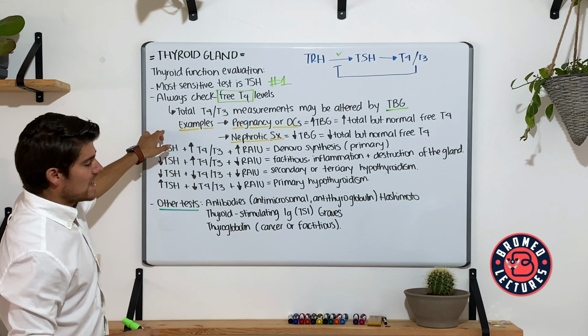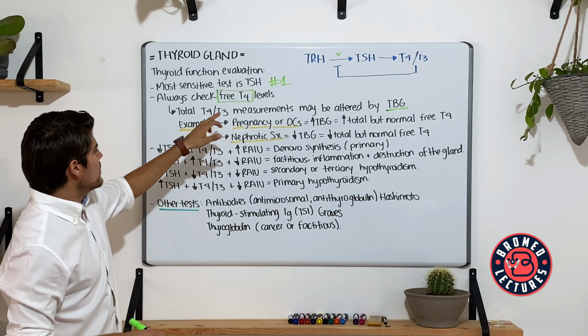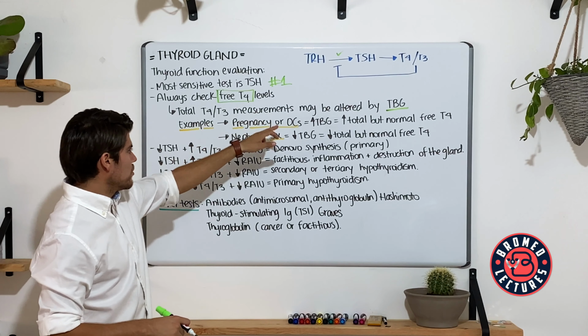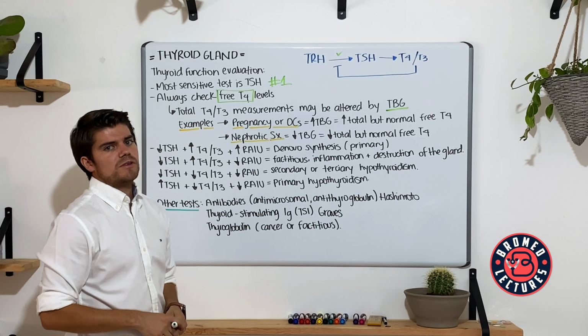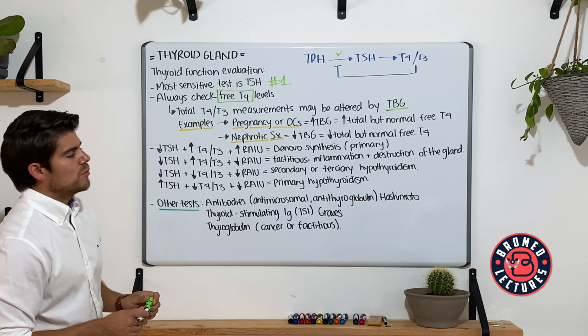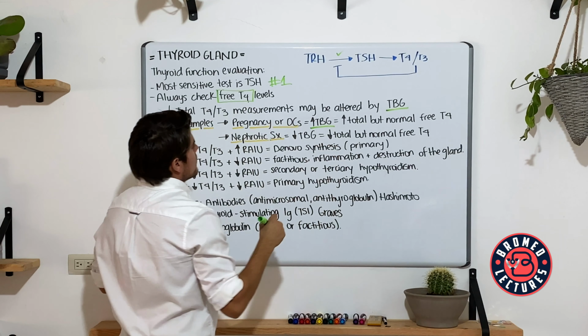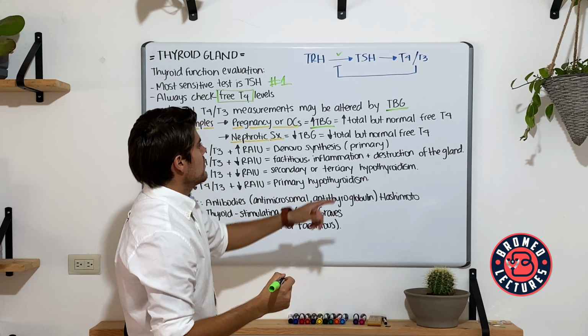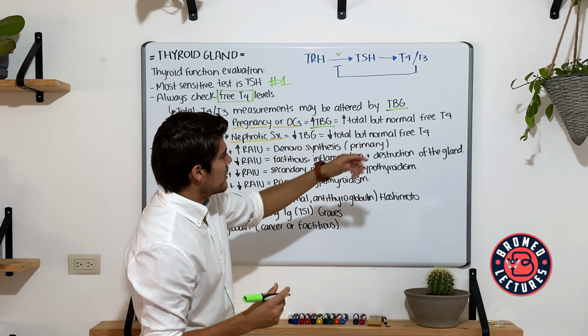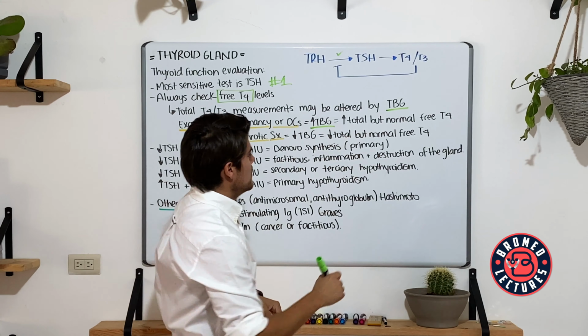So some examples of these are here. First of all, if you have a pregnancy, oral contraceptives, hormonal replacement therapy, or high estrogen states, then you will make more thyroid binding globulin. This is going to increase the total amount of hormone that you have, but if you are a normal person, then you're going to have normal free T4.